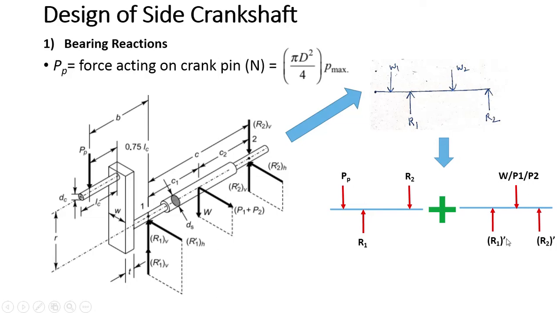R1 dash and R2 dash represent the reactions because of the flywheel, whereas R1 and R2 without dash mean the reactions because of PP acting alone. If PP acts alone, these are the reactions R1 and R2, whereas if the W load, the weight of the flywheel, or P1 and P2, the slack side and tension side of the belt, are acting, then we have the reactions R1 dash and R2 dash.